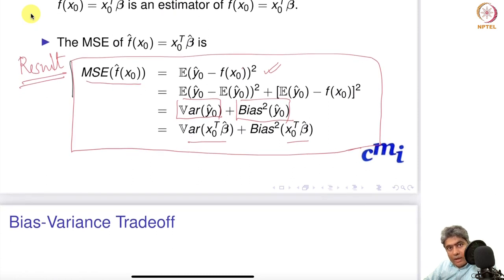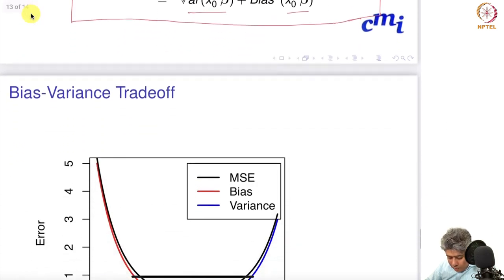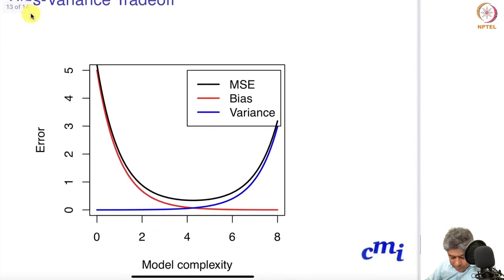Now I am planning to look at how this typically behaves. If you consider a model whose complexity increases, the bias typically goes down and the variance typically goes up. Because mean square error is a function of variance plus bias square, it first goes down, comes to a minimum, and then starts going up.